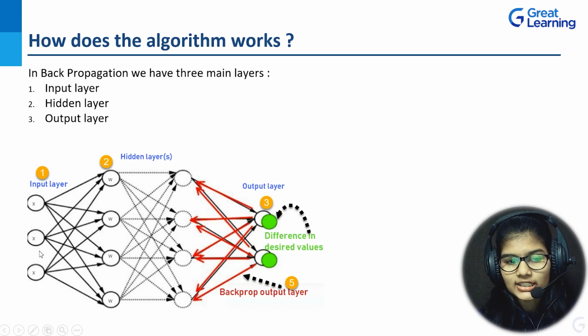So the first is your input layer, the second is your hidden layer, and the third is your output layer. These are the three main layers for the working of your algorithm. Okay, first of all, this is very clear. Next, in the input layer, we have the denotations for the x.